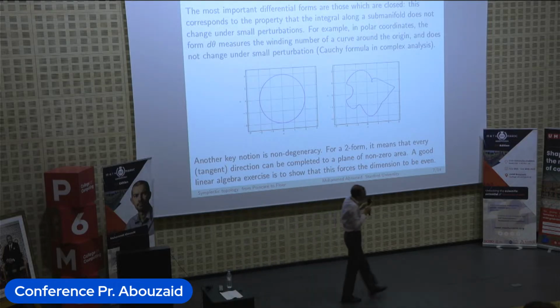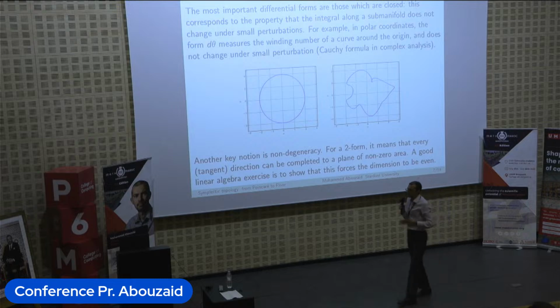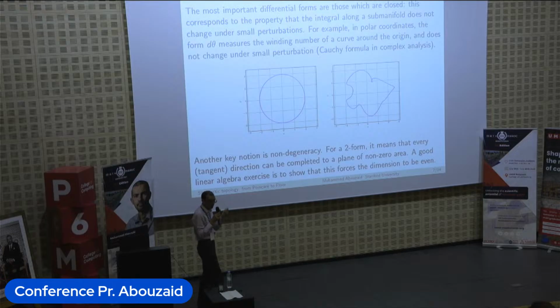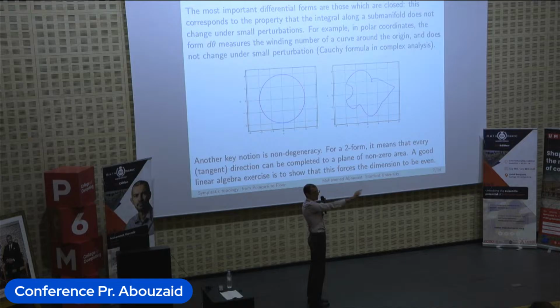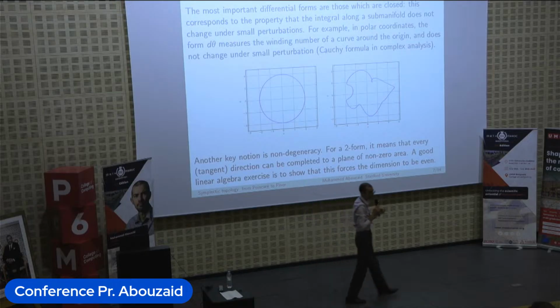Okay? So if you look in the textbooks, you will get some definition, and that definition is of course the correct definition, but the way to think about it is as follows. A two form is non-degenerate if the following happens. Every time I pick one direction, I can choose another direction so that the plane which they span has the property that if I integrate omega over it, I get a non-zero number.